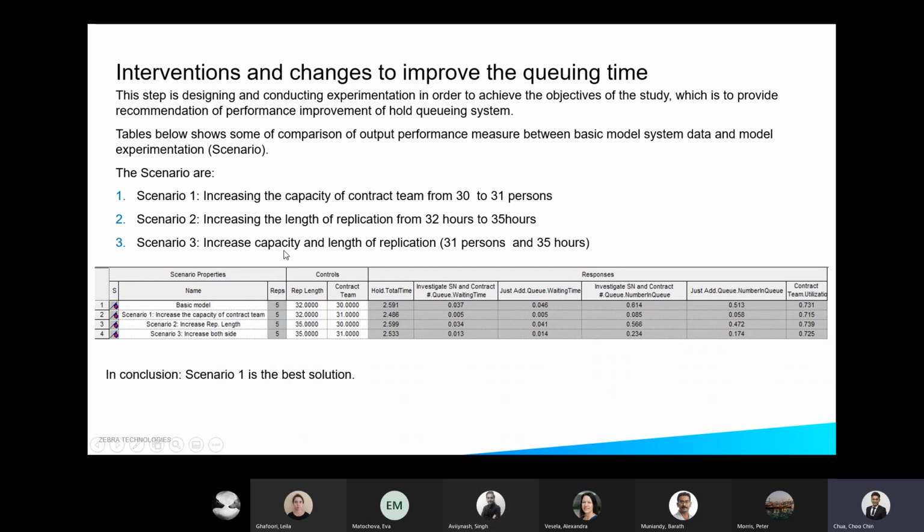We increase the capacity and the length of the replications, from 32 to 35 and 30 to 31. We can see the result, and it is not as good as scenario one. So in conclusion, we can say that scenario one is the best solution.